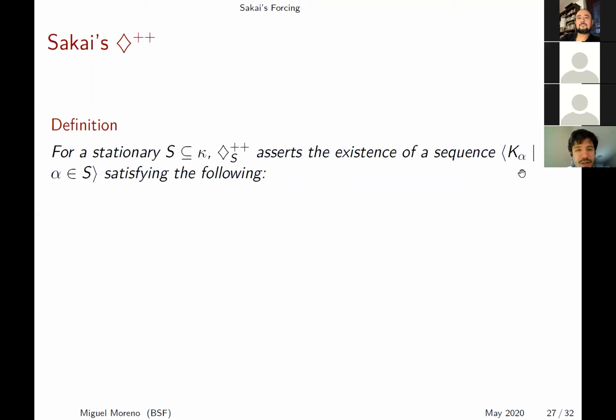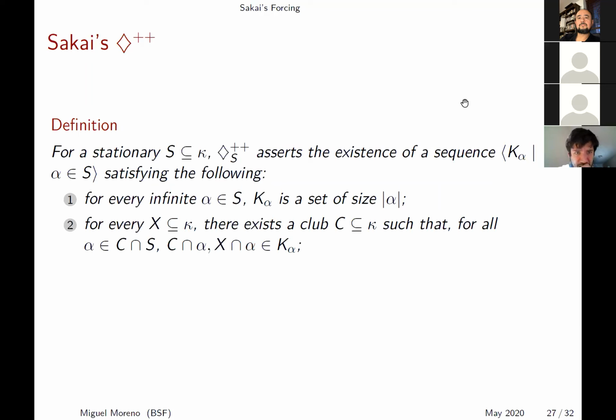So the definition of this diamond: we have diamond plus plus sub S, with S stationary. It tells us that there exists a sequence of K_alpha satisfying the following. First, K_alpha is a set of size at most the size of alpha. Second, for every X subset of kappa, there exists a club C of kappa such that for all alpha in C intersected with S, C intersected alpha and X intersected alpha belong to K_alpha.